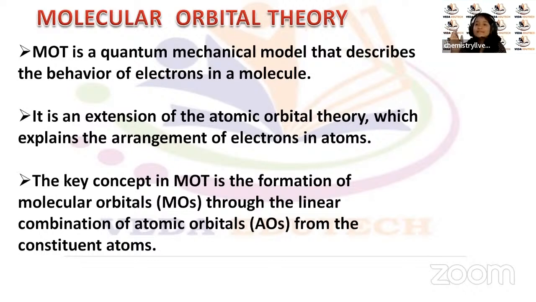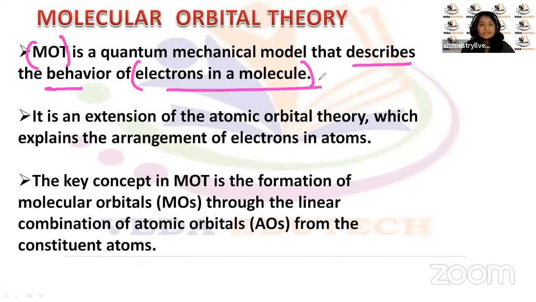Basically, your atomic orbitals combine together by the process of linear combination of atomic orbitals. They combine linearly to form your MOs, or molecular orbitals. Let us see, what does MOT describe? The behavior of the electrons in a molecule.